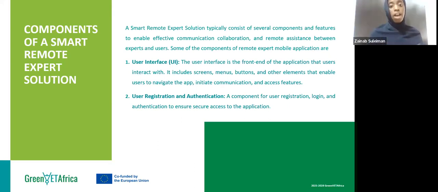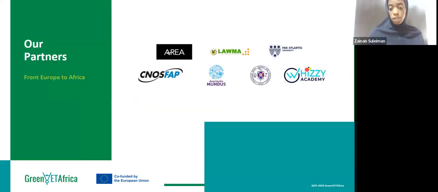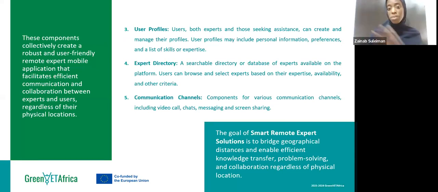We all know that you have to register with your email, username, or password before you can have access to the software. Also, we have the user profile. There's a provision in the software where you can provide basic information like your name, your email, and what you do. And also the expert directory and communication channels.